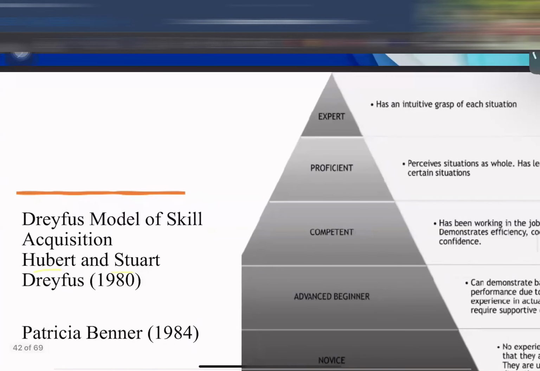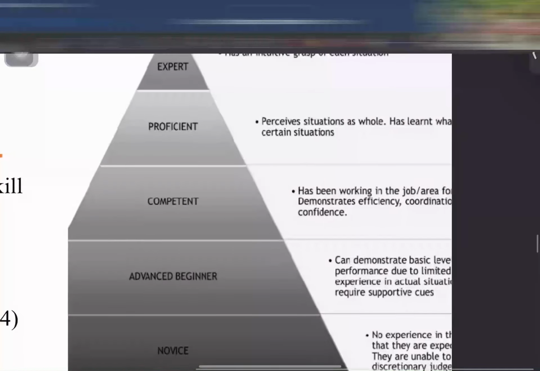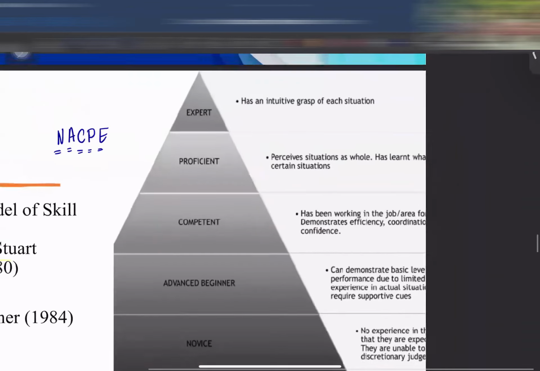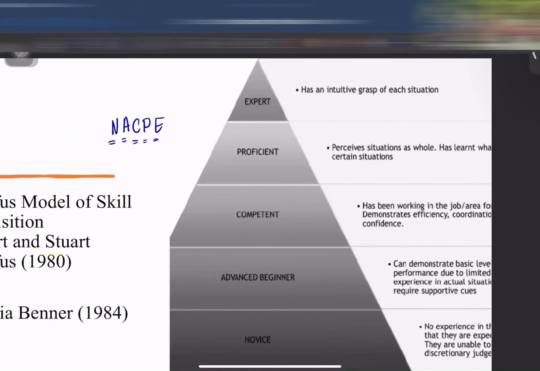Now, if I would look at the novice to expert model, class, for you to easily memorize that, you need to memorize it as NACPE. Novice, advanced beginner, then you have your competent, you have your proficient, and then you also have your expert. Okay, so class, according to this model, anybody who is in a profession or anybody who is doing work will progress from the novice to the expert level once they are already in their work.